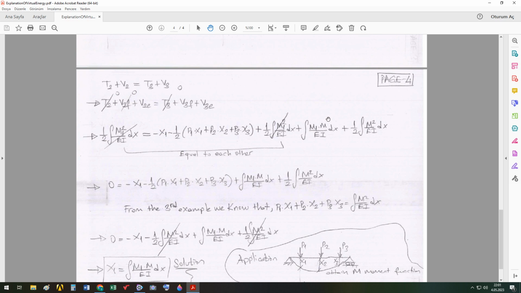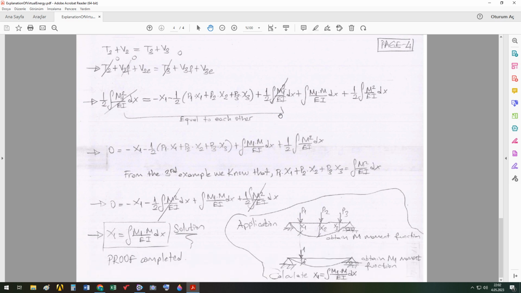And I replace the equations I explained above. Here I substitute the values of these symbols, energies here, and these two values eliminate each other mutually, since they are equal to each other, and I have this value.